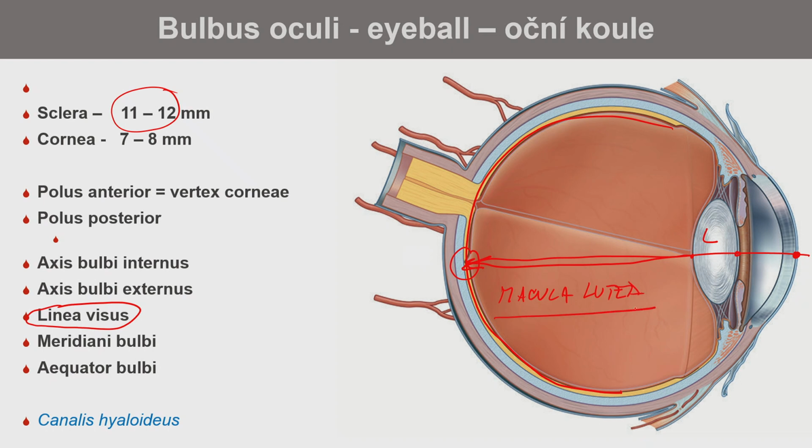So this is a macula lutea. What is the name of this? This is macula ceca or alba, so blind or white spot. And this is a yellow spot.